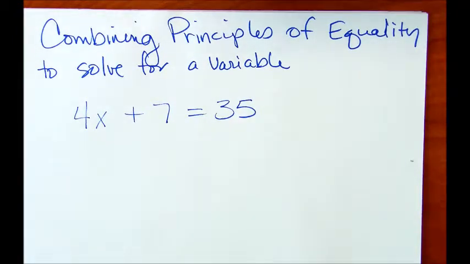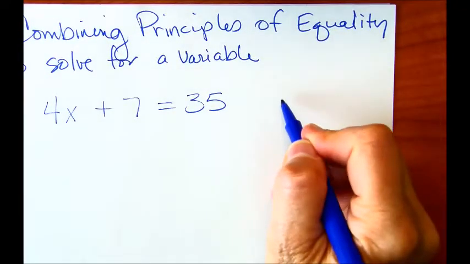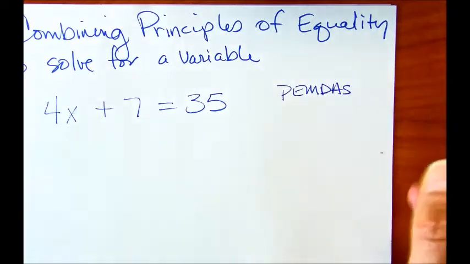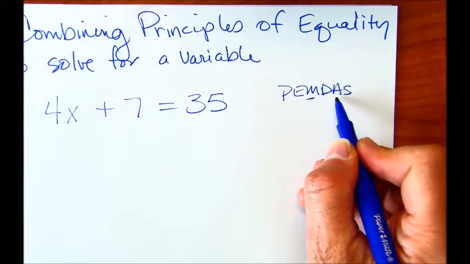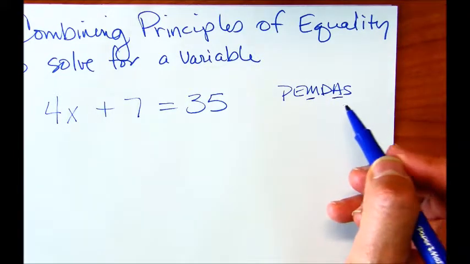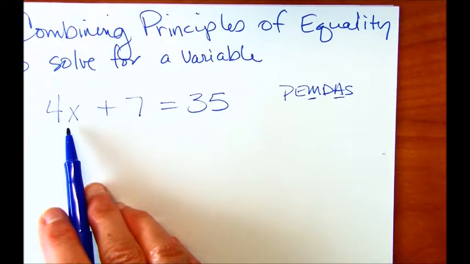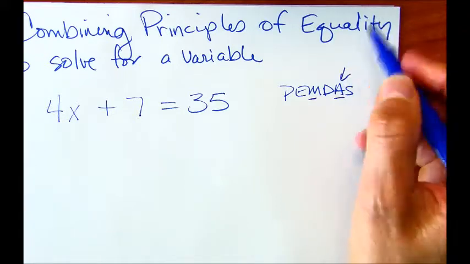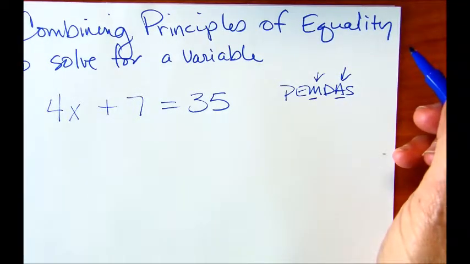In the past we talked about order of operations, and you might remember PEMDAS as a way to remember it. In the past we would always multiply before we would add. But when we're solving for a variable, we're actually going to do the opposite. We're going to do the add and subtract first before doing the multiply or divide.